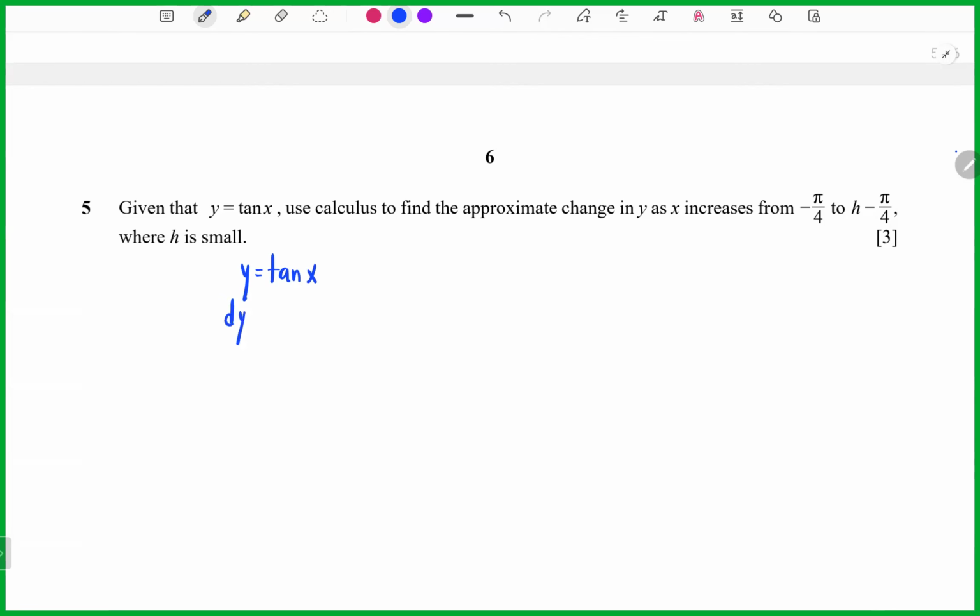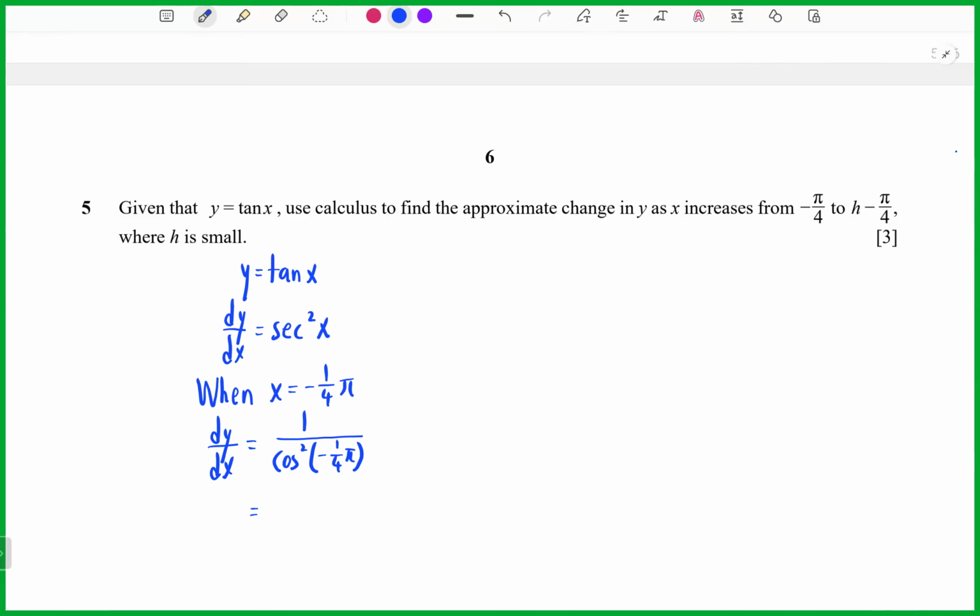We get dy/dx equals sec squared x. When x equals negative 1 over 4 pi, dy/dx equals 1 over cos squared of negative 1 over 4 pi. Let's see what the value is.